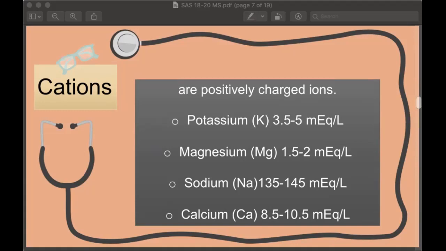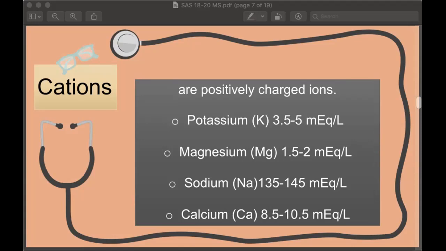It is the main intracellular fluid cation. I will repeat that: main intracellular fluid cation. And what does it do? It regulates cell excitability. Cell excitability is the property of the cell to respond to stimulation. Whenever there's a stimulus, potassium is always there.